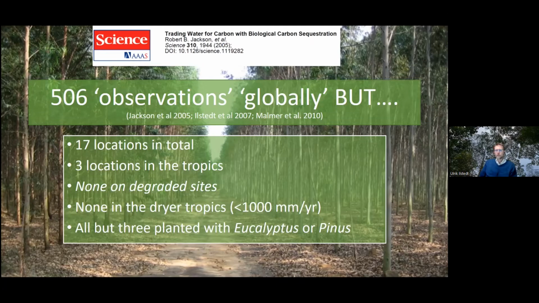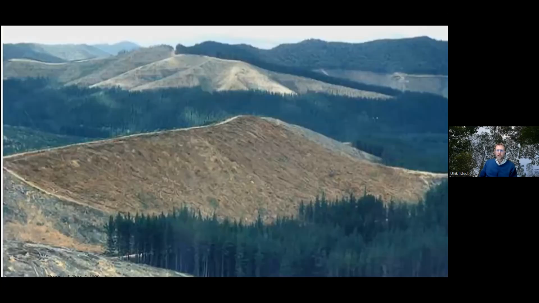And all of these, except 3 of the 17 locations, were planted with eucalypt or pine plantations. So basically the results are valid for catchments with plantations.